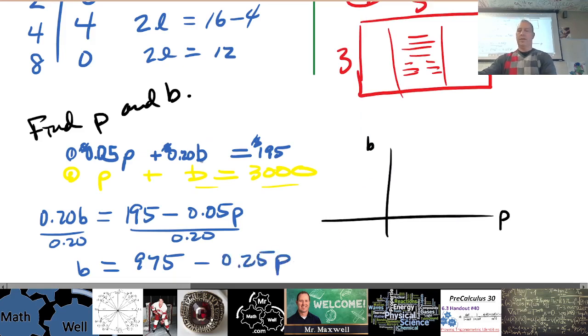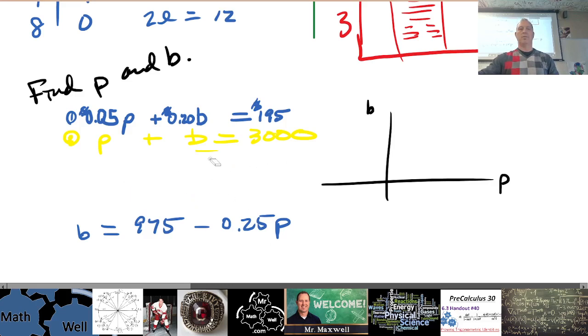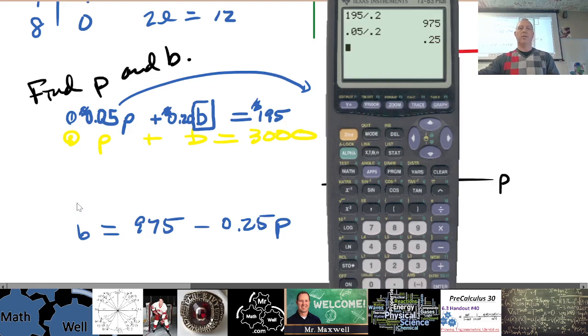So we have to take our equations and solve for our dependent variable. Let me know if this is correct. Did I hear someone say I'm so confused? We're just isolating the variable first. So now this is like the y, and this is like the x.